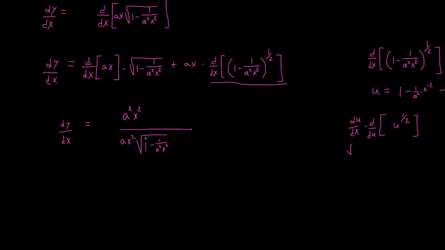Then one of these a's will cancel out one of these a's. This x squared cancels out with this x squared. So let's take care of that. And we are done.